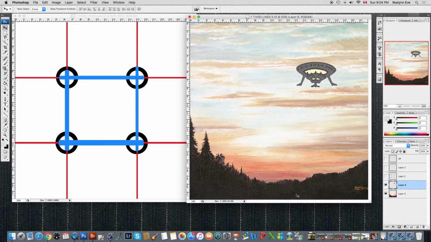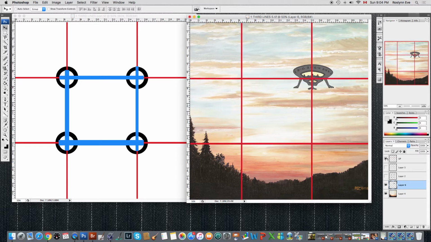Now in this case we've got all this dark weight down here, and this is all kind of more neutral, so we want to balance some of this dark weight by putting something up here in the sky. If we put it on the third line, there's that inner blue line I was talking about, and here you see the circles from over there.